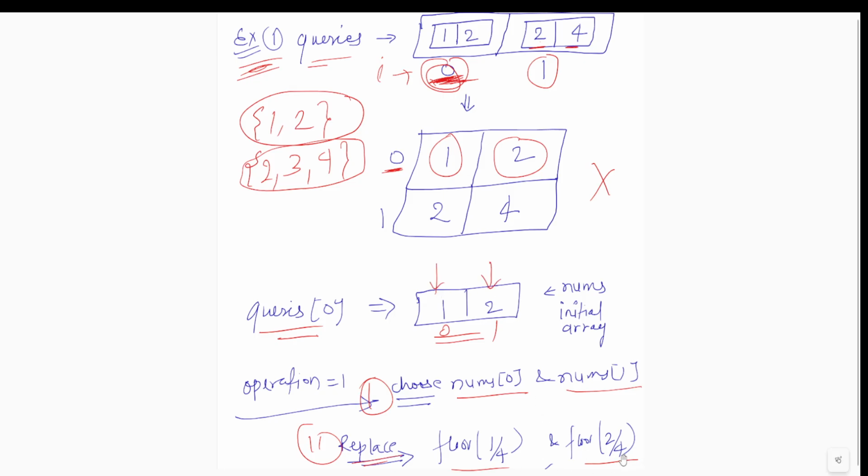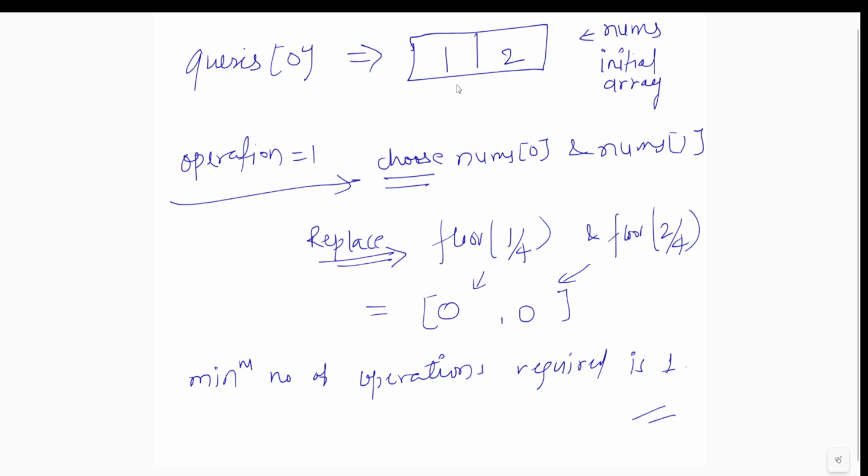Okay, now we have understood. So queries at 0 is 1 and 2, right? This is our initial array. First we have chosen two things, nums at 0 and nums at 1, so this is our A and this is our B. Now we have to replace them by A by 4 and B by 4, and then take the float values, right? If you do this float value, you will see that it gives 0 and 0.